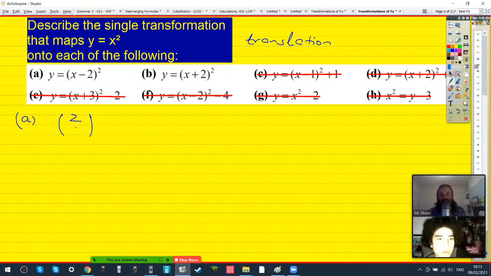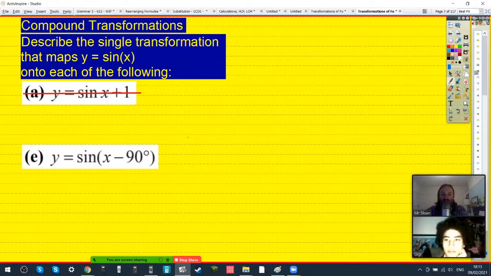Nothing changes with the y. So it will be -2 over 0. Well done. You're subtracting 2 from all the x.